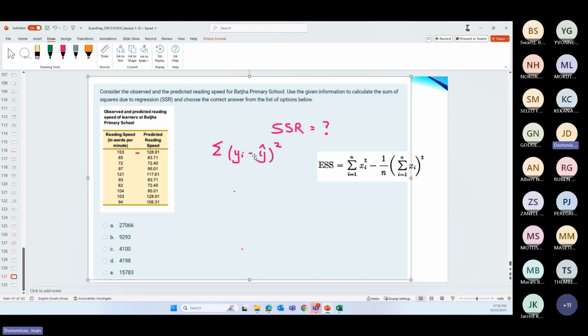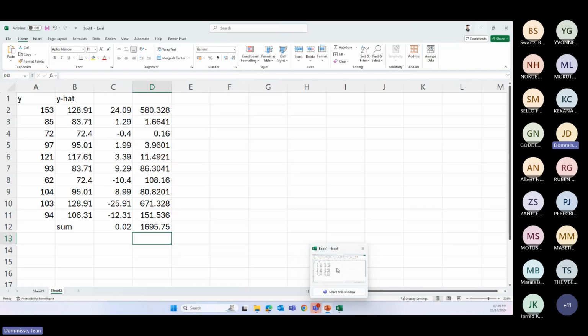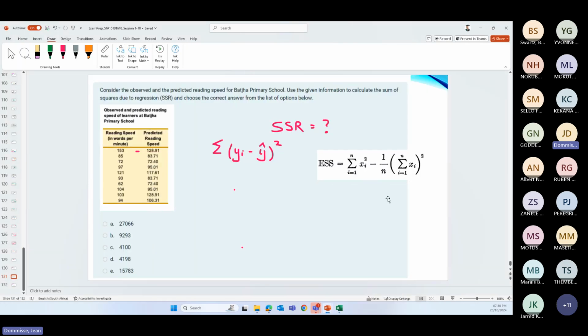So let me just go back and check if my formula, because that looks right, to the power of 2, we've done that. So I just want to check if my Excel is doing it correctly as well. I know last time I had issues, so let me just make 100% sure that everything is correct there.